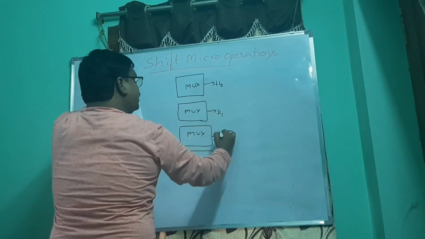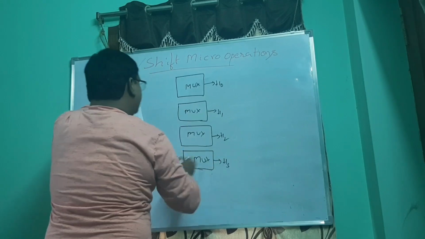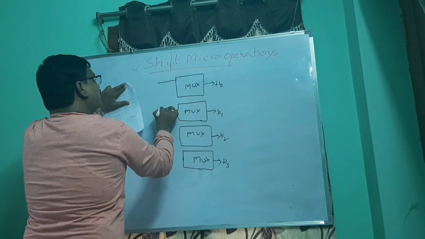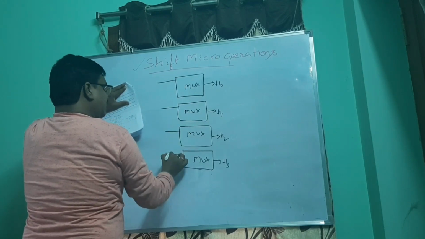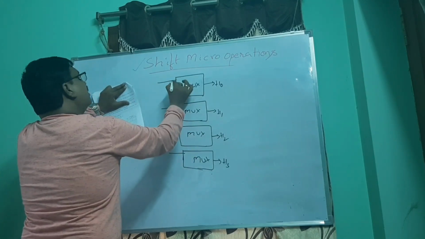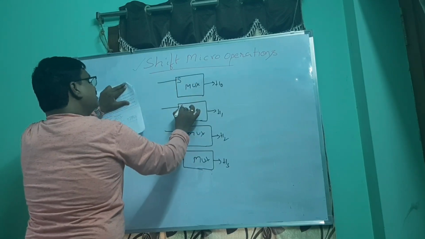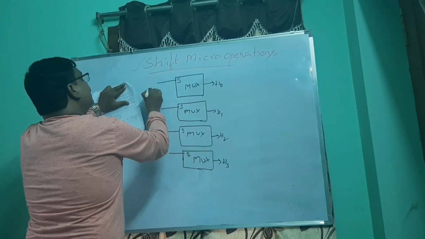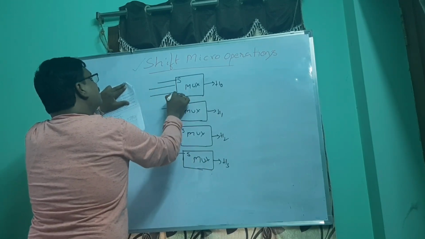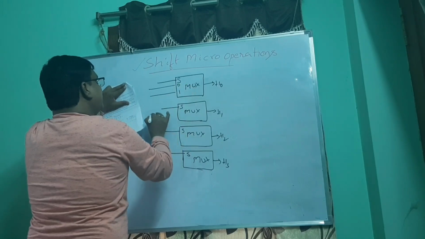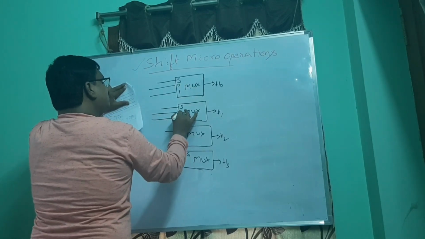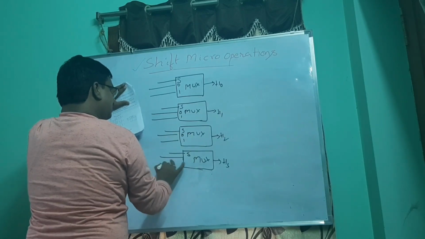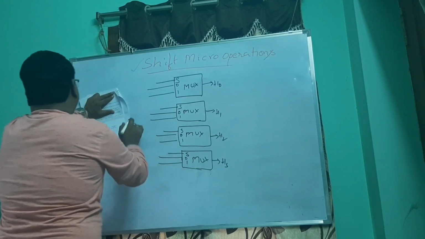H0, H1, H2 and H3 are the output bits, and S is the select line, and here we will have two combinations, 0, 1 input values, 0, 1, and here we have 0, 1, and here we have 0, 1.